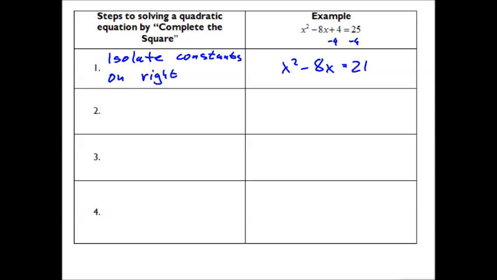Now we're going to add the quantity of b divided by 2 squared to both sides to complete the trinomial.